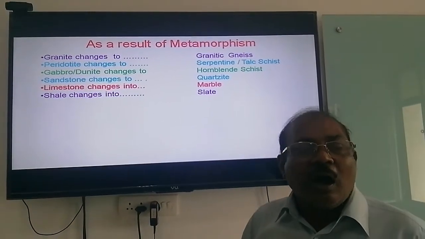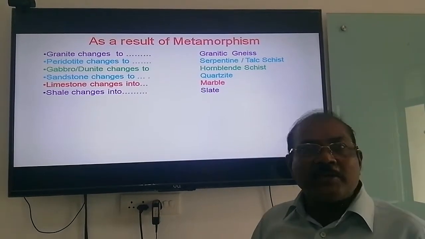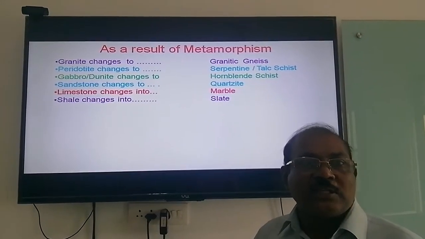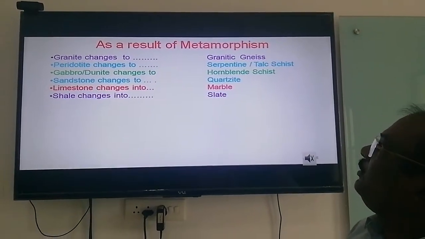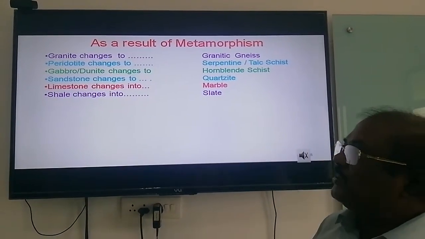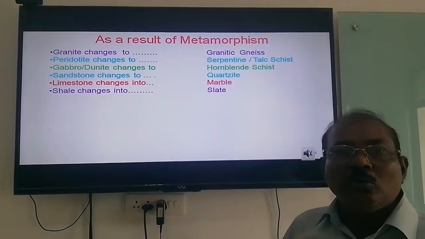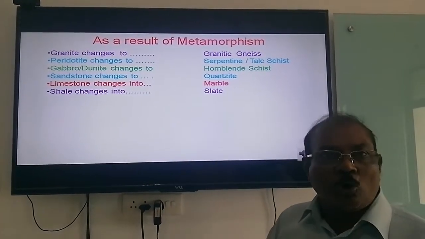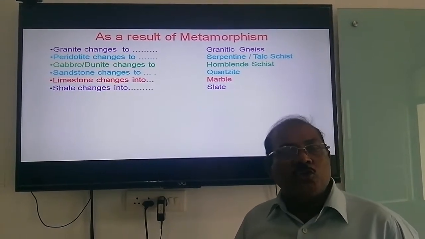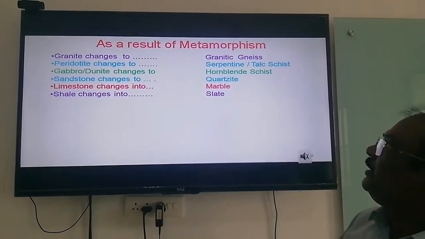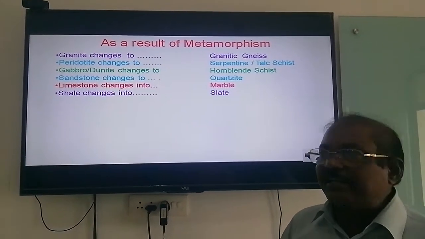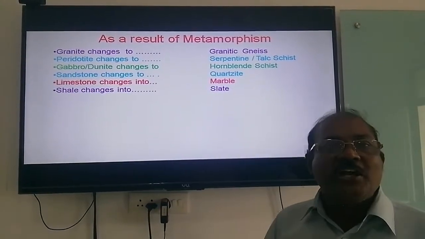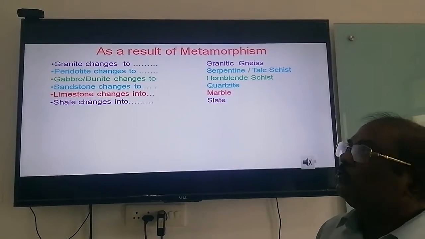Gabbro or dunite also belong to igneous rocks. When these rocks undergo metamorphism, they will be converted into hornblende schist. Coming to sedimentary rocks, sandstone, when it undergoes metamorphism, will be converted into quartzite, limestone changes into marble, and shale changes into slate.